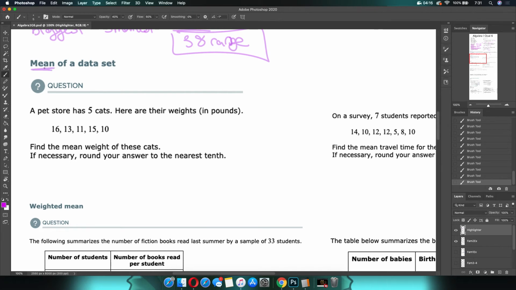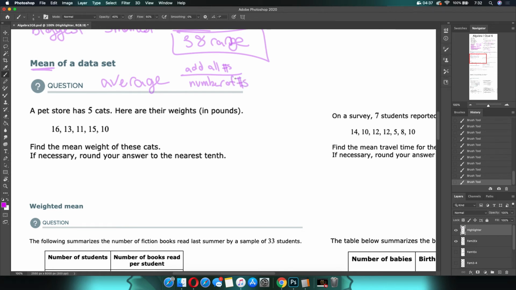Now, mean. Mean is your average. A lot of kids need to think and remember what average means. What you're doing is you're adding up all the numbers, and then you're dividing it by the number of numbers.